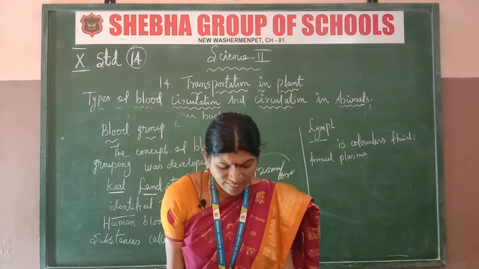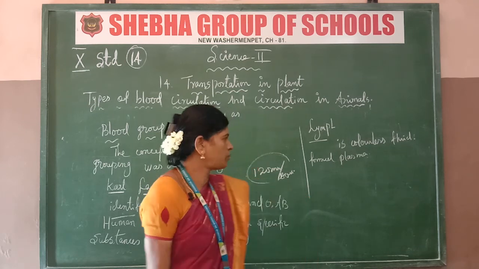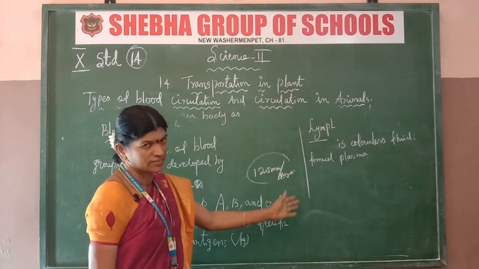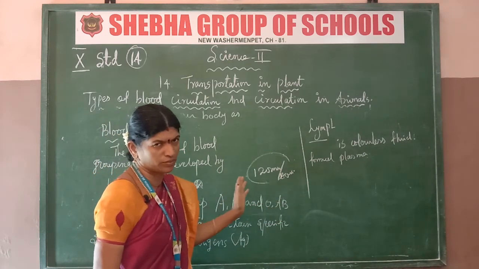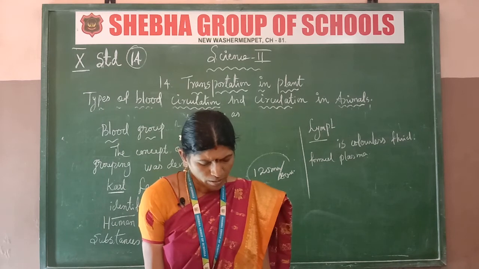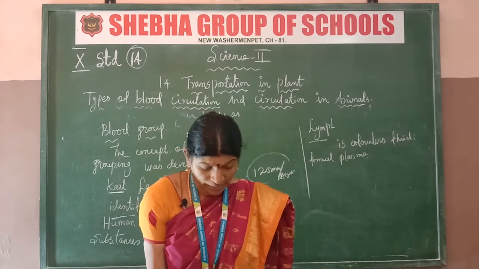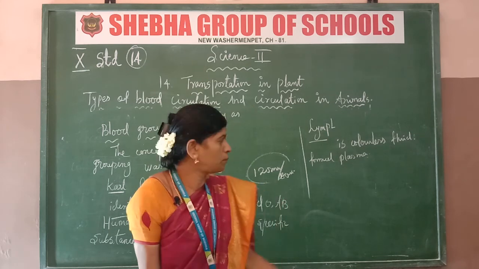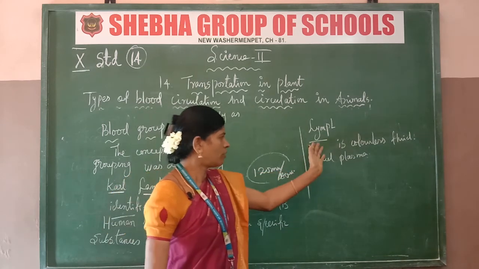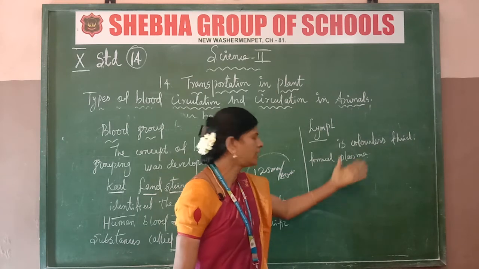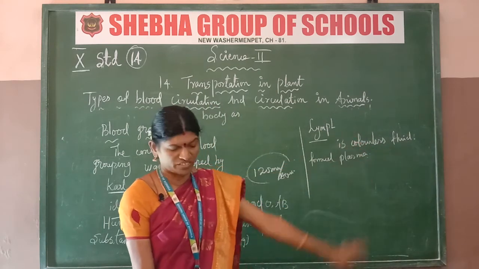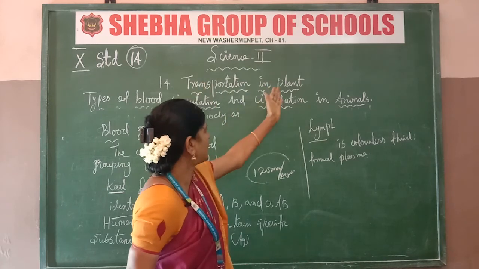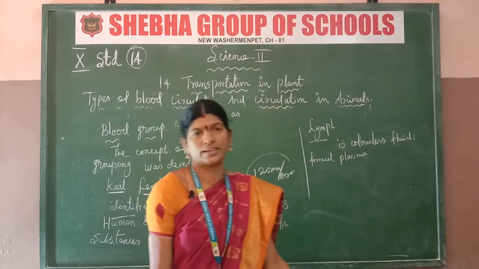Next, the blood group has four types: A, B, O, AB. Every individual has one of these blood groups. Next, the lymph is a colorless fluid formed only from the plasma region. So these are all the contents of lesson number 14, transportation in plants and circulation in animals.